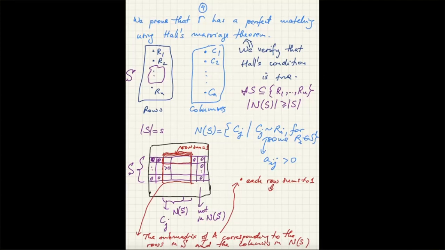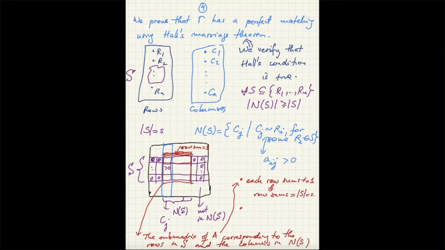So therefore, the sums of all the rows will give us the cardinality of S, which is S. Okay. Now, if you look at a column, we picked a subset of that column, and we know that the whole column sums up to 1.